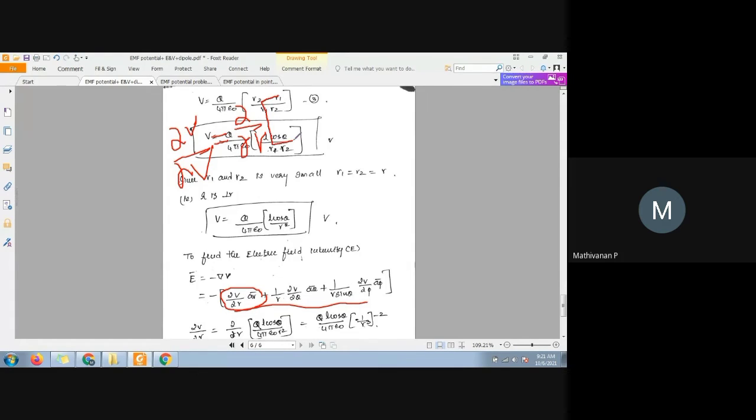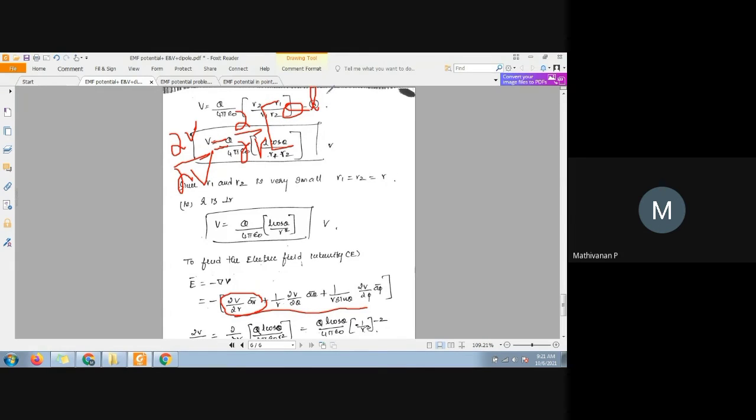Then I'm substituting for V, that's nothing but QL cos theta divided by 4 pi epsilon naught r square. So the only differentiable term is r square. The remaining things are constant, so we can bring all the terms outside.